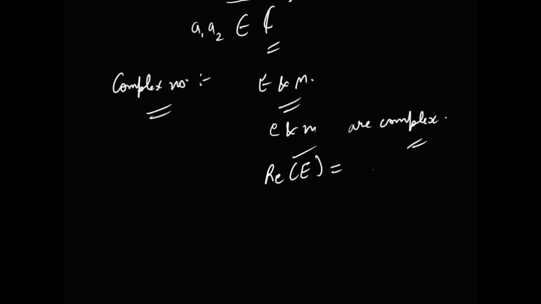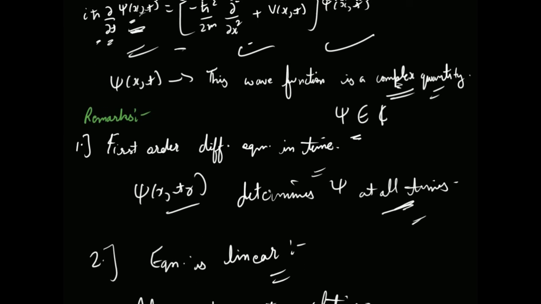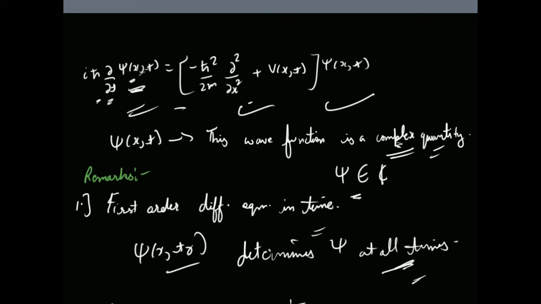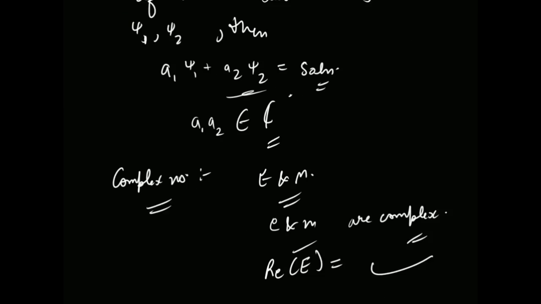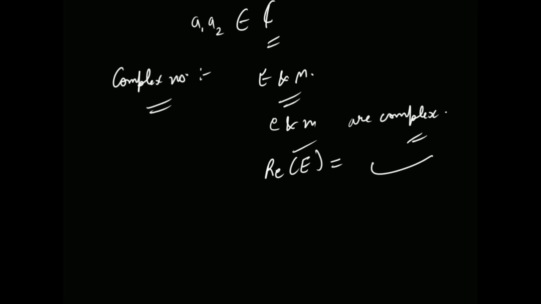We consider only the real part, and the imaginary part is said to have no physical meaning, but not in the case of the Schrodinger equation. You cannot say that you take only the real value, because it will not describe the wave function completely. So you have to take the complex quantity there.